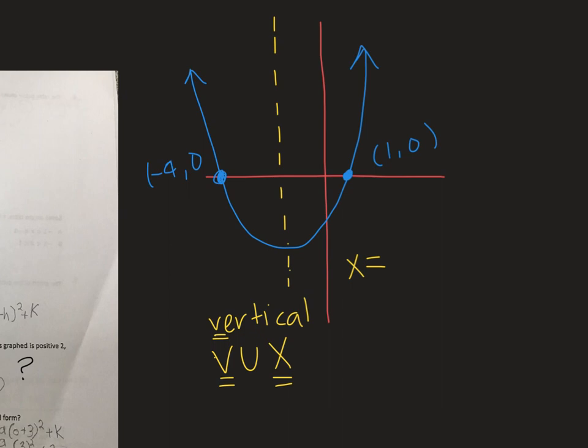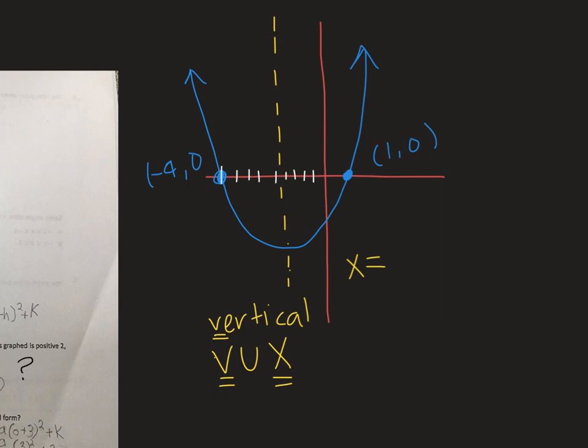So what you would know is that the distance from here to here would be the same as the distance from here to here. So if you could count this, which we could, it'd be easier if you had an actual coordinate plane. So 1, 2, 3, 4, 5, 6, 7, 8, 9.